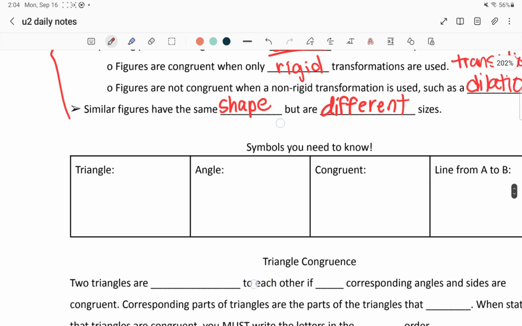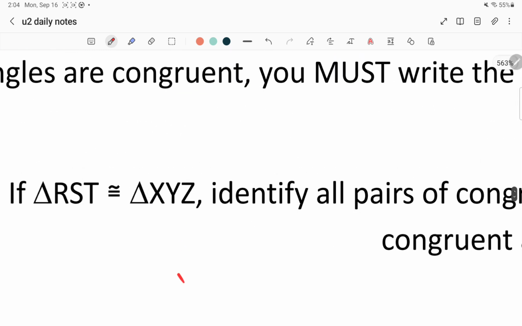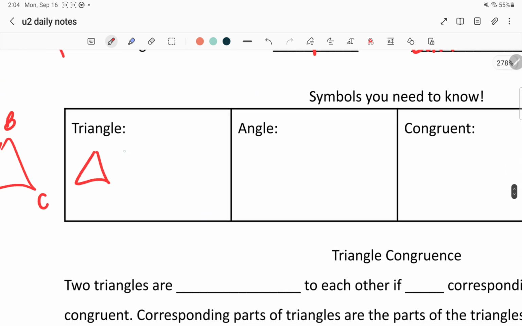Symbols that you need to know. Over here we're going to draw a little triangle. Here's my triangle ABC. If I want to talk about triangle ABC, this is what it's going to look like on Delta Math. There's going to be a triangle symbol. It's just a triangle in the text. And the triangle that I'm talking about is ABC, so I would put triangle ABC.